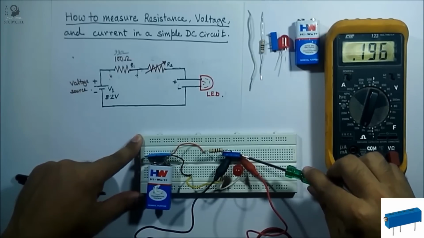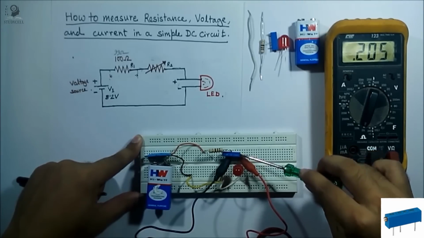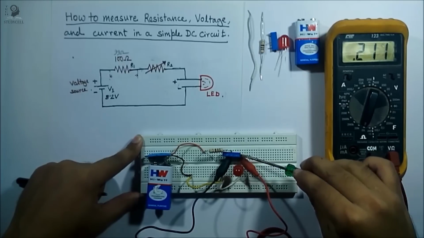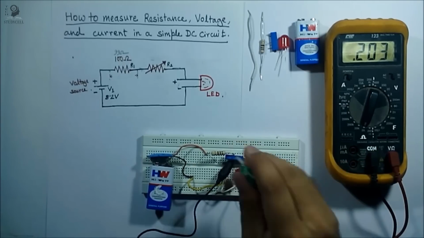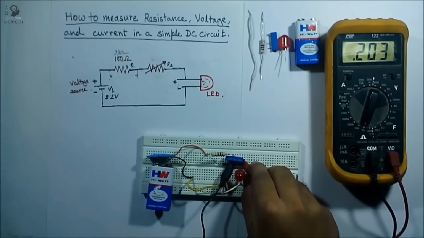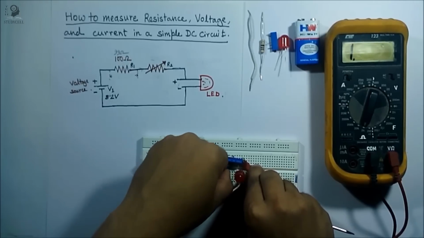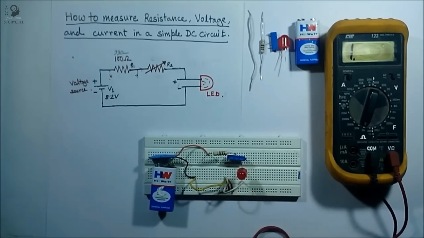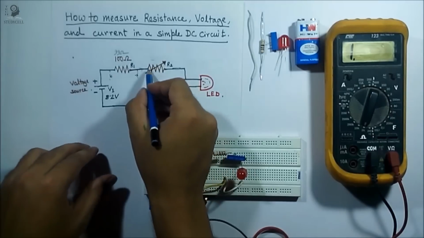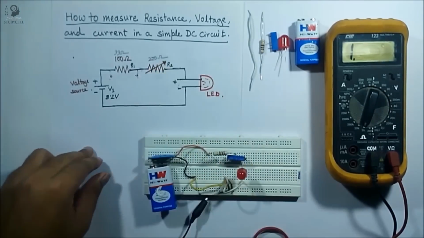Now I am seeing the value is changing, so I am selecting 200 ohm. Thus we can measure the resistance value of R2, which is 200 ohm here.